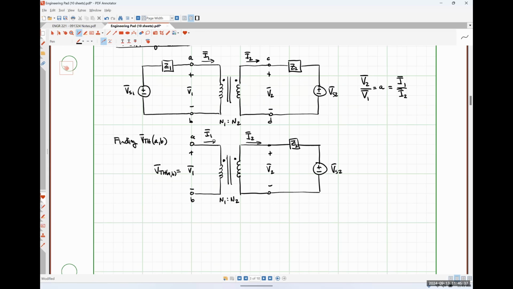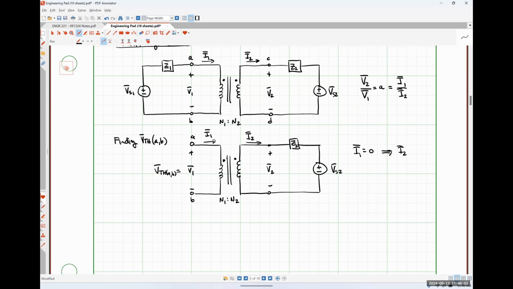Okay, so I want you guys to use some high-level circuit analysis here and tell me what the current I1 is in this circuit. It's 0 because no current flows through an open circuit. Great. So if I1 is equal to 0, what does this imply about I2?